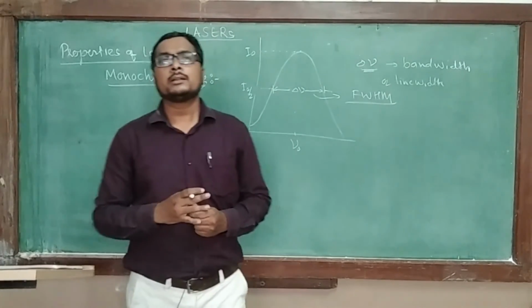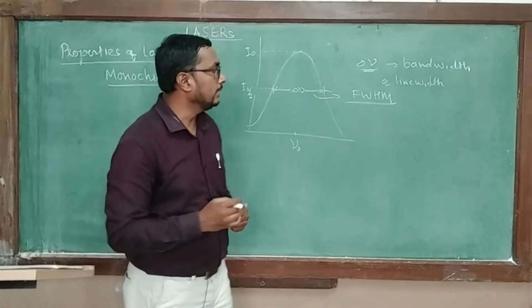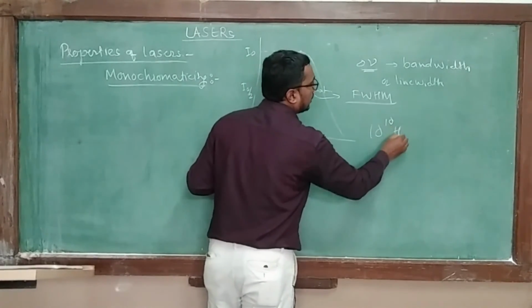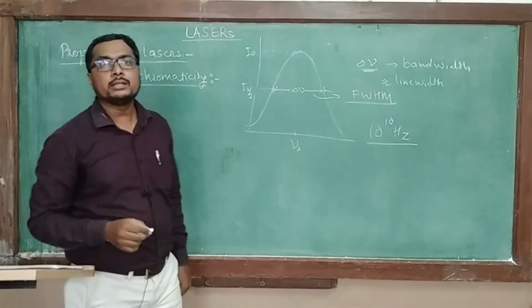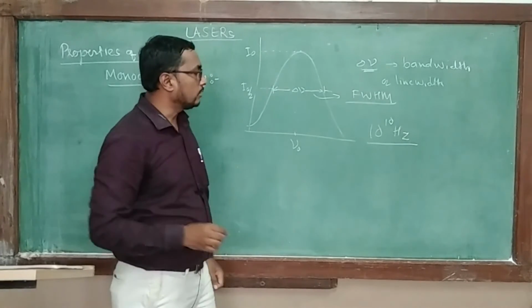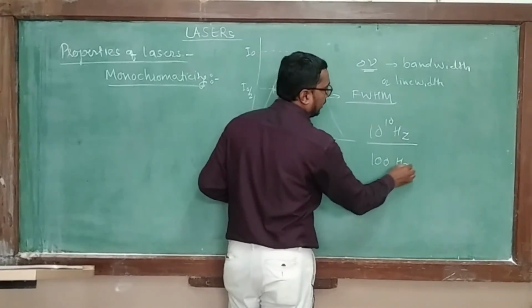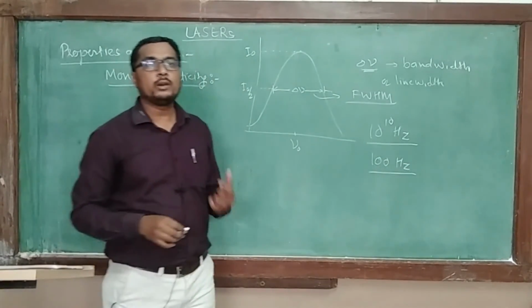The light from conventional sources has line widths of the order of 10 raised to 10 hertz. So the conventional sources have very high line width. In the case of laser, the line width is of the order of 100 hertz. So that means the laser has very small line width.